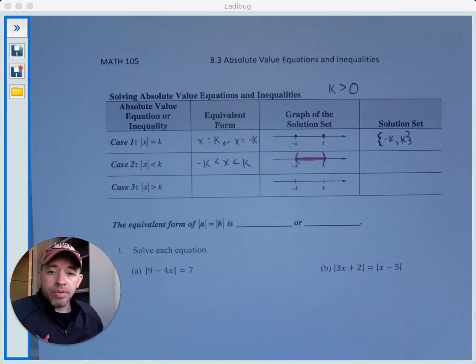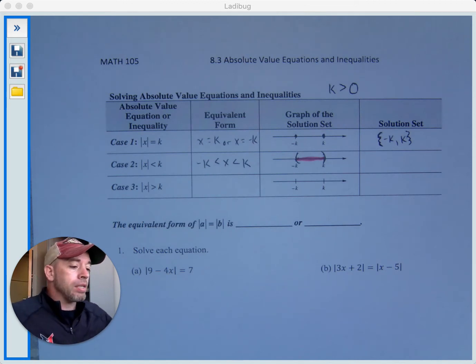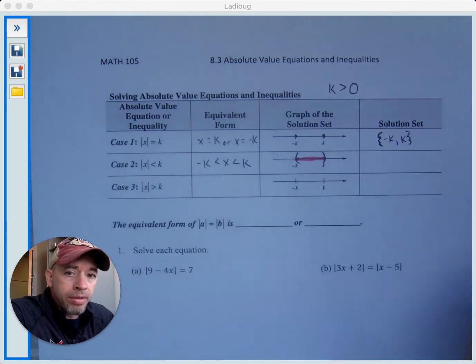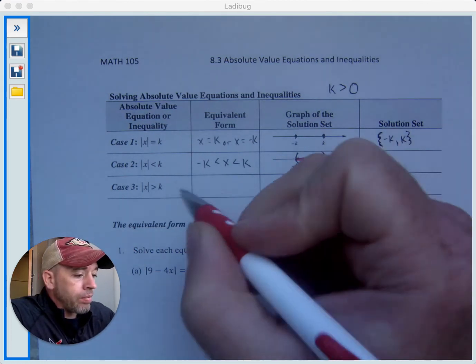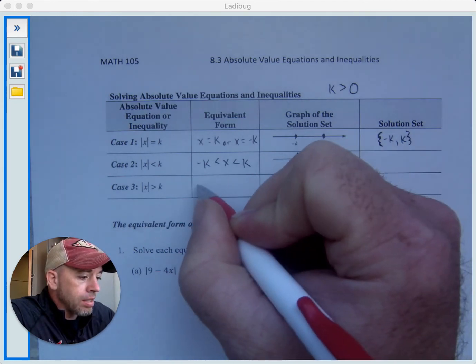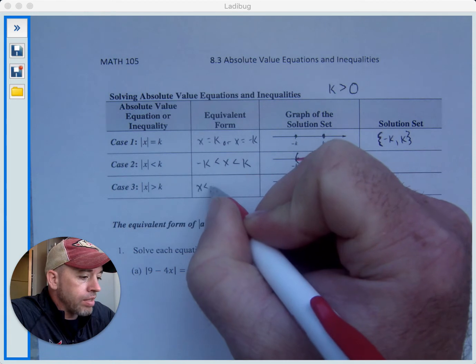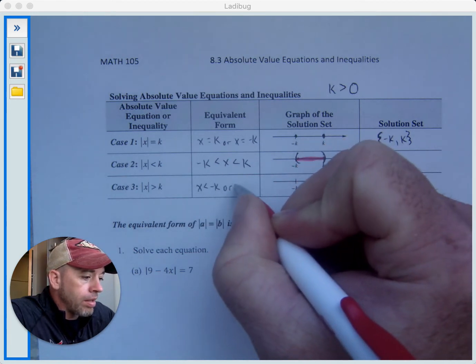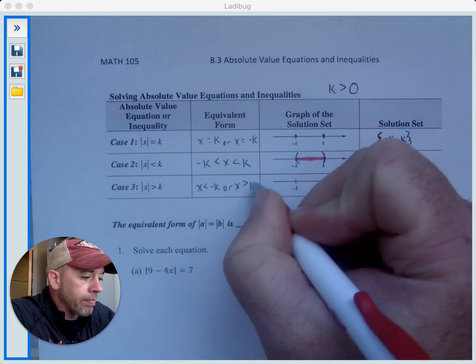If we have the absolute value of x is greater than k, then something else happens. We can write this as a compound inequality, where x is less than negative k, or x is greater than k.